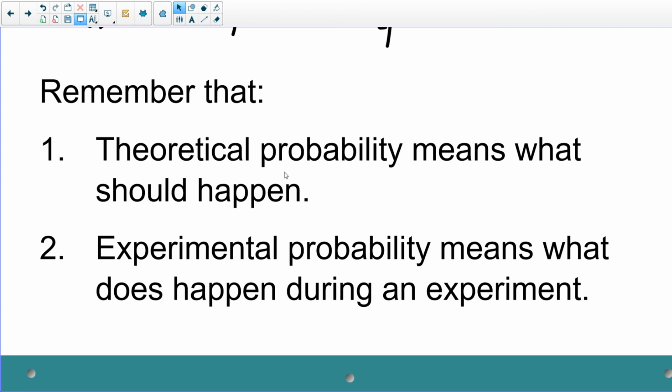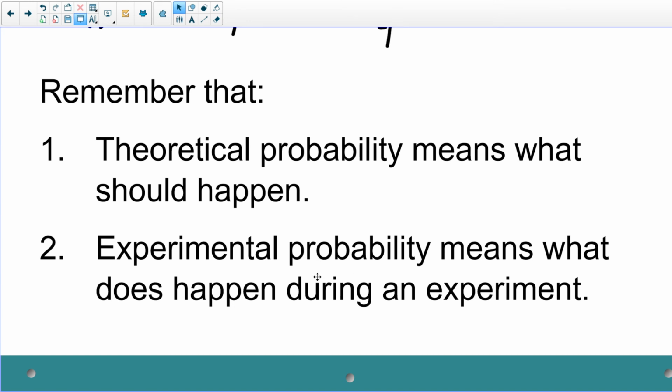Everybody should have the same theoretical probability, but not everybody will have the same experimental probability unless the experiment was done a billion times. Okay, they say an infinite amount of times, and then the experimental probability starts to match exactly the theoretical probability. In practice, you would usually start to see this pattern after like a few thousand times.